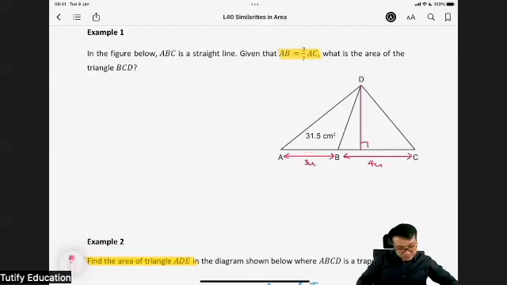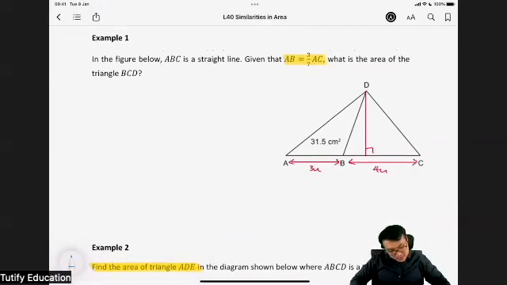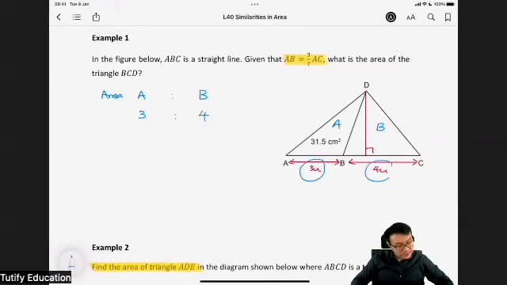So Talia, let's call this triangle A and call this triangle B. The ratio of the area of triangle A to triangle B should be 3 is to what? 3 is to 4, because this is the ratio of the base.